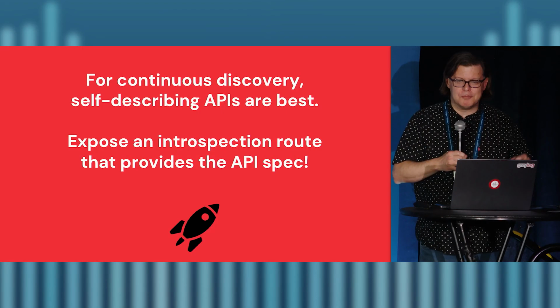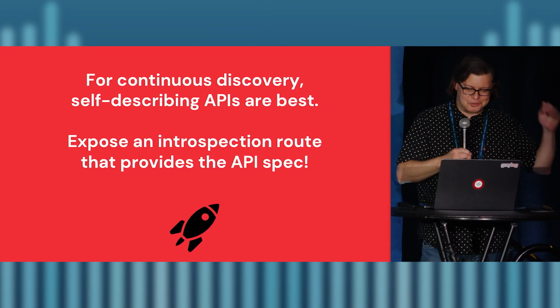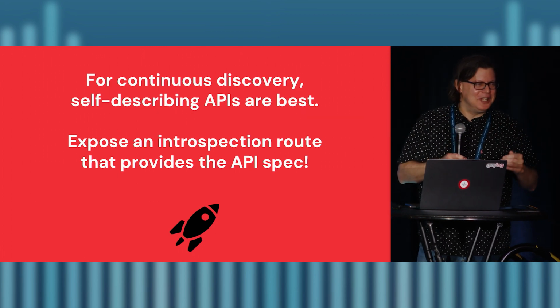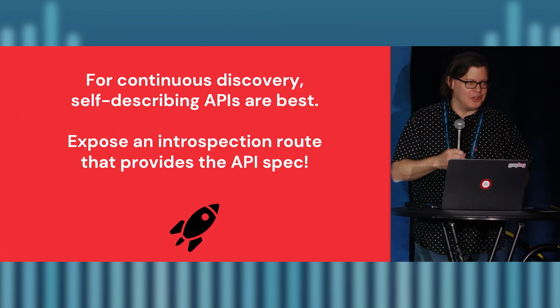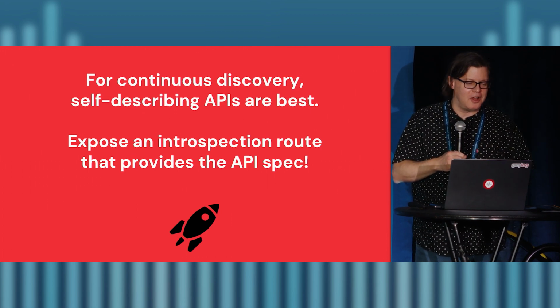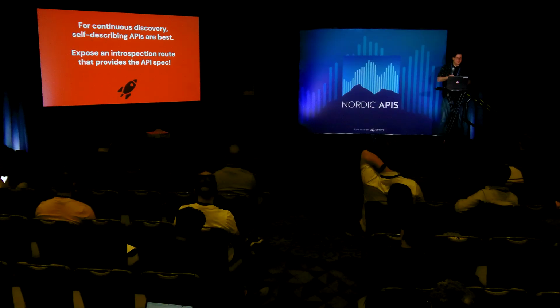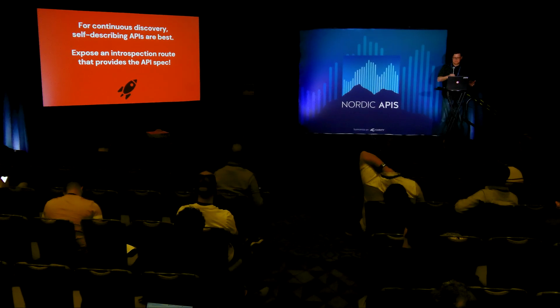But if you want to go from crawl to walk to run to rocket ship, here's the really cool way of doing this. If you're really trying to double down on continuous discovery, the single best way to do this is actually have self-describing APIs.